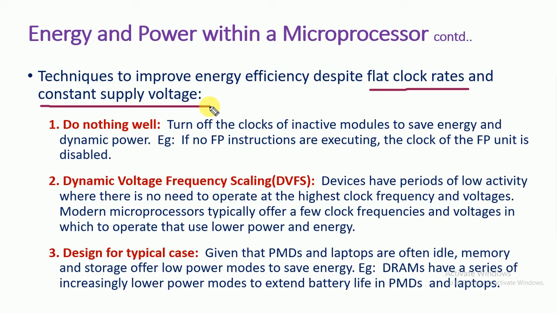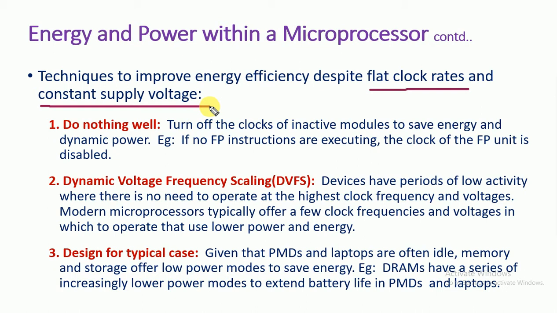When the designer tries to develop a new system, he needs to consider how to save power, how to have a system with less power usage and less energy consumption.